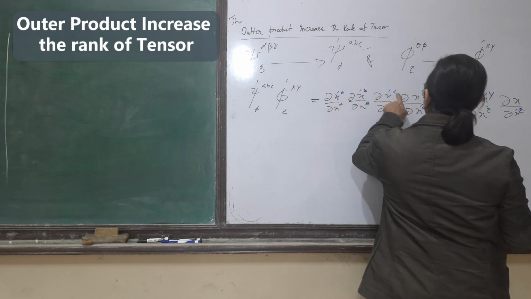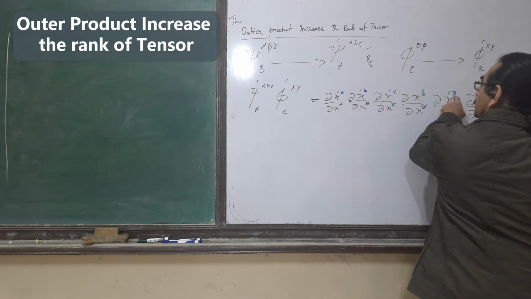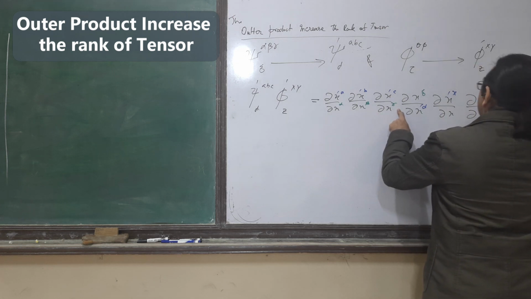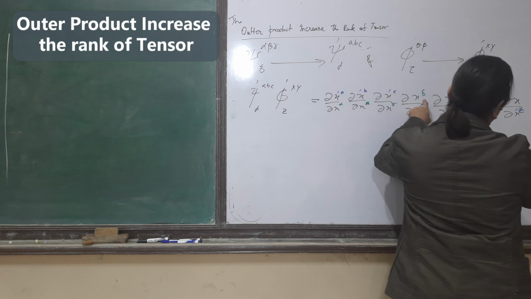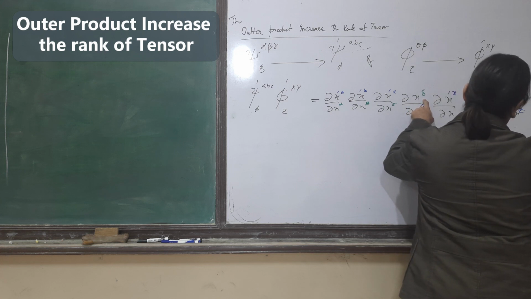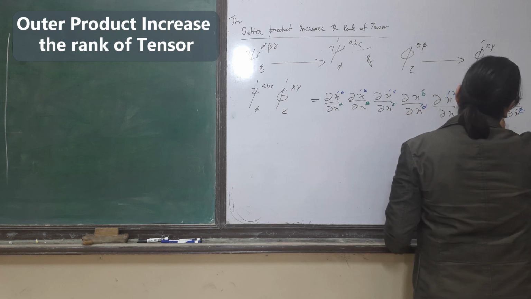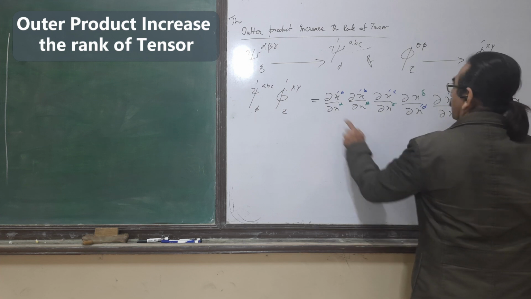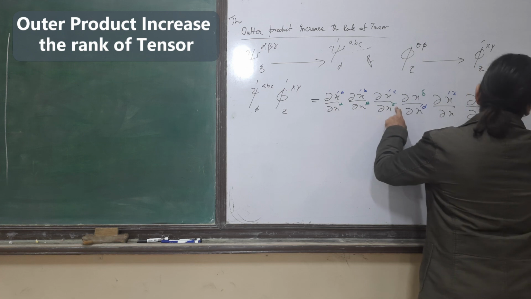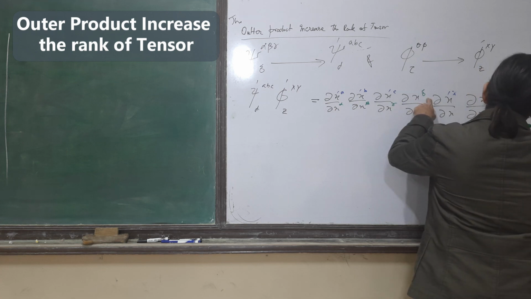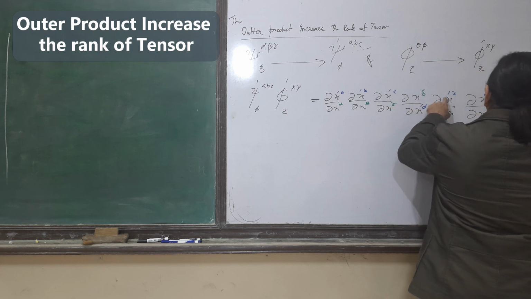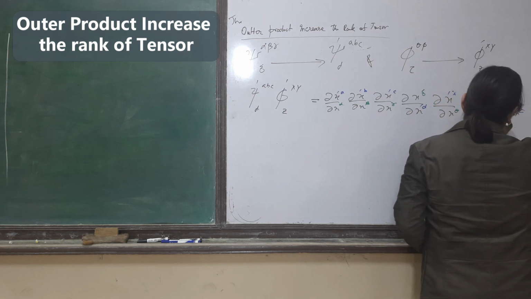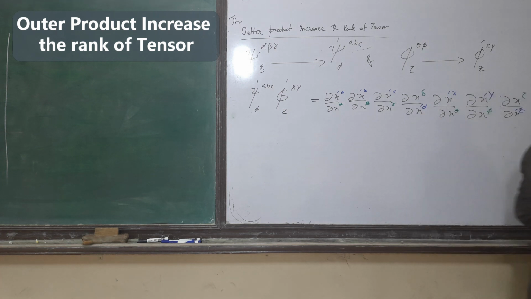A, B, C, D, X, Y, C, alpha, beta, sigma. One minute. Alpha, beta, gamma, sigma, theta, phi, and tau. Yes.